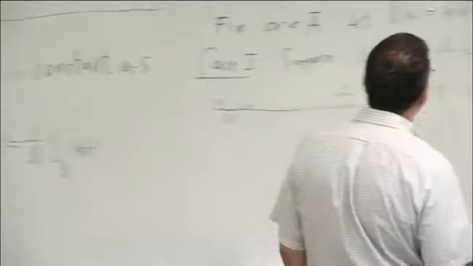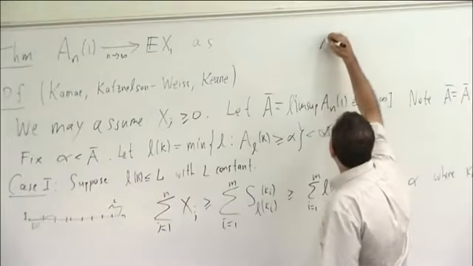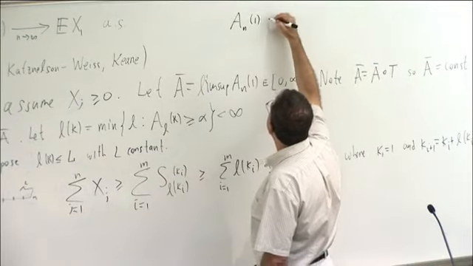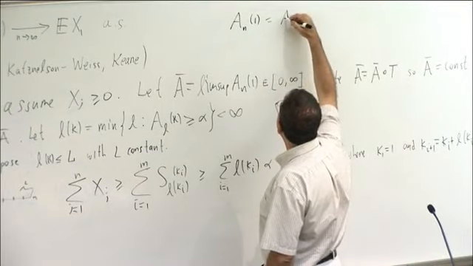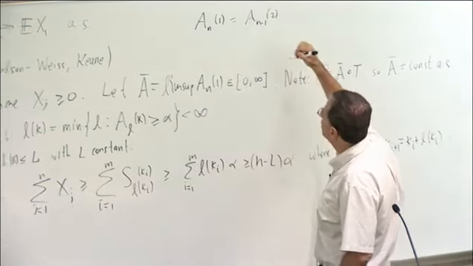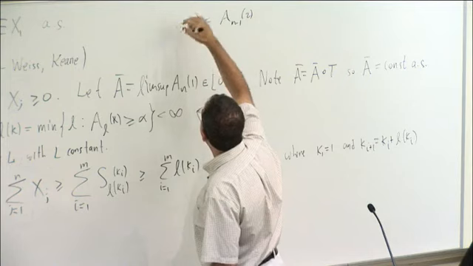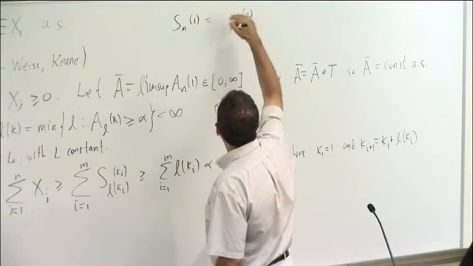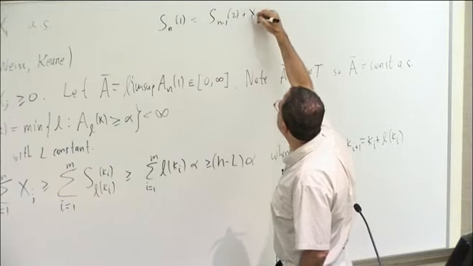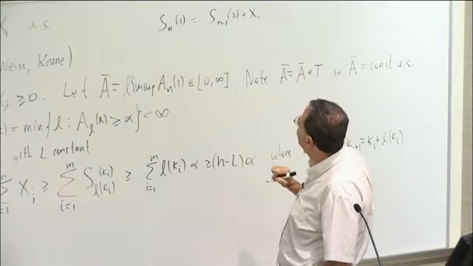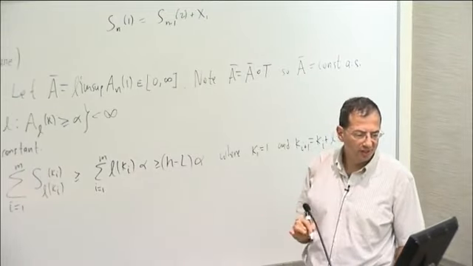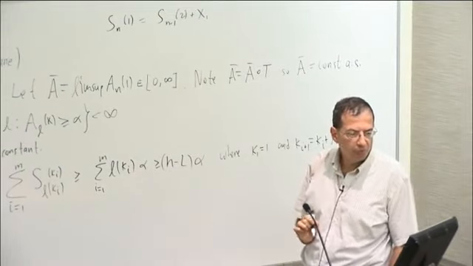So maybe I'll say this: A n of 1 equals A n minus 1 of 2. Or maybe I'll write, okay, Sn of 1 equals Sn minus 1 of 2 plus x1. Okay, so that's better. Because the last term we don't control well.